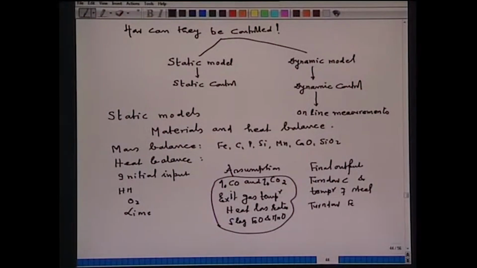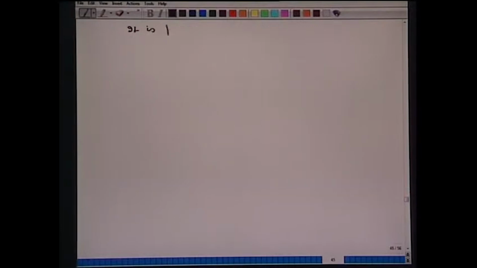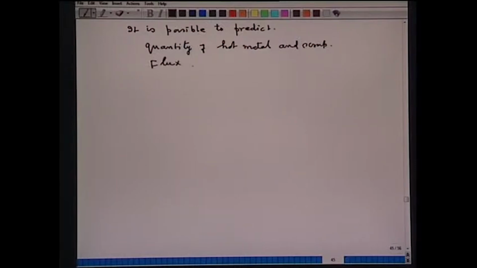Now, with this static model, it is possible to predict, say, the quantity of hot metal and scrap, then flux and iron ore additions, and the total quantity of oxygen that is to be blown.